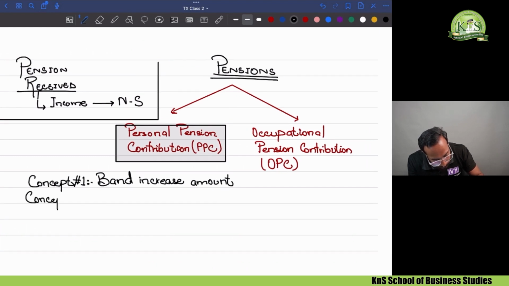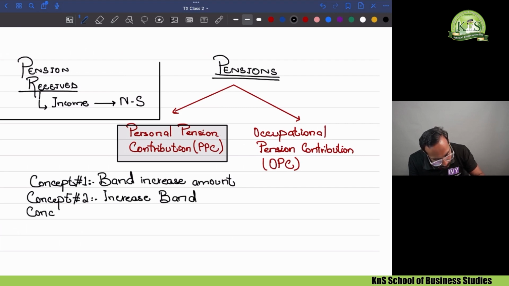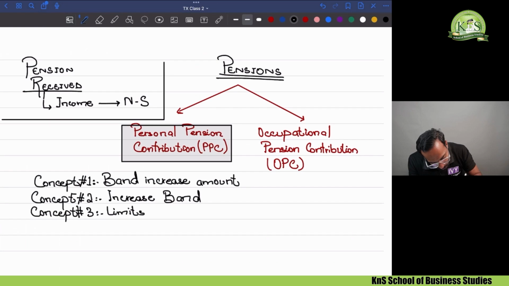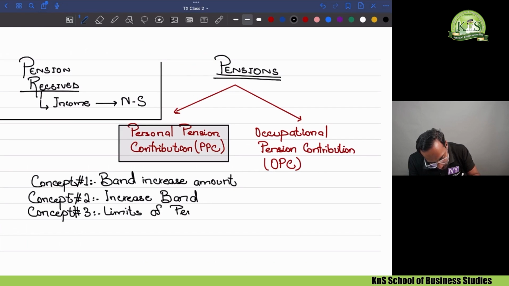Concept number two, which I will be explaining today: increase band. Concept number three: limits of pension. The last concept: taxed at top slice.